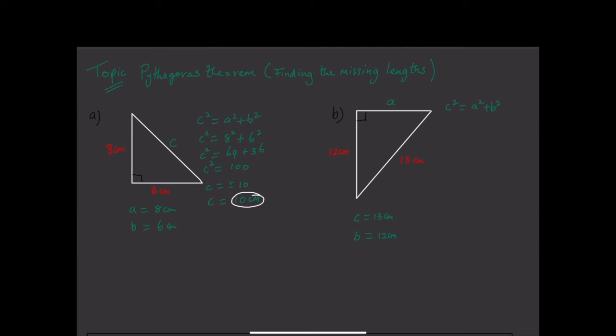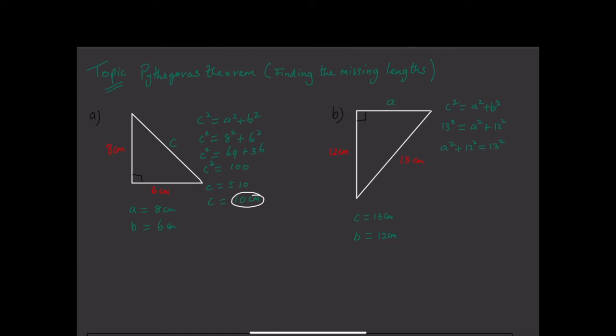So we write back 13 squared equals A squared plus 12 squared. Now what I like to do is to write A squared plus 12 squared equals 13 squared.